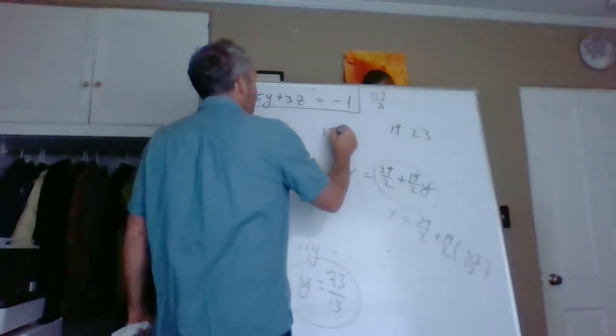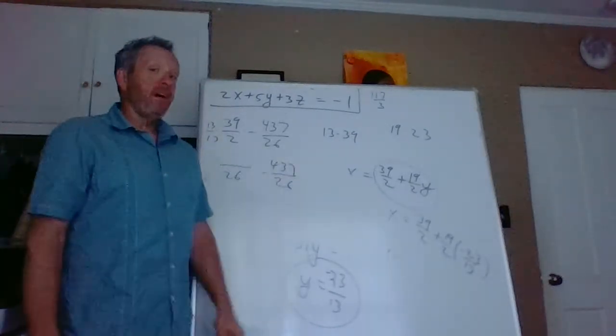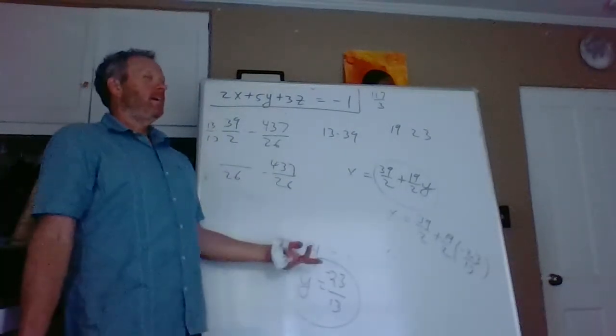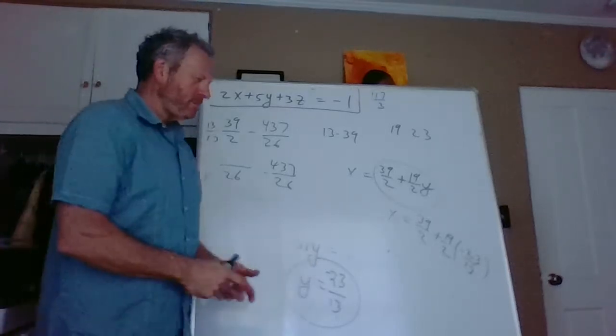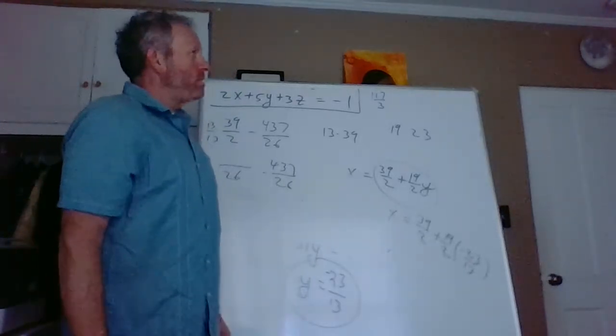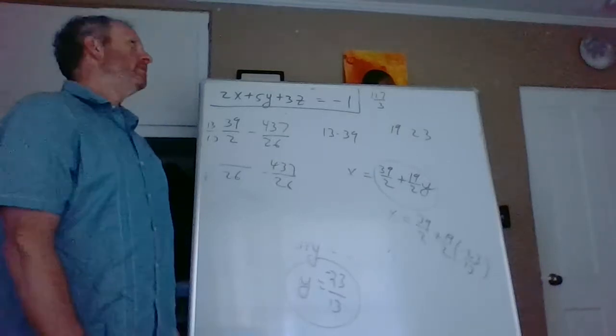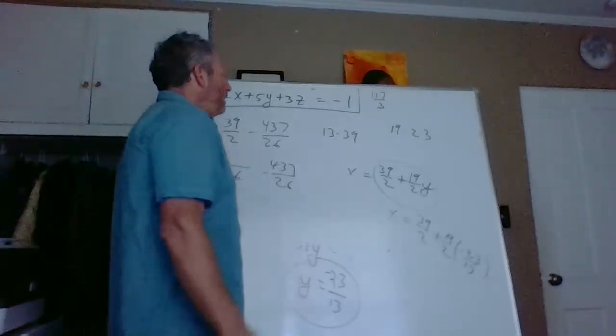13 times 39. Again, I would say this is a perfectly fine time to use a calculator. Again, if it's me, I'll just show you a little behind the scenes. Since I'm talking right now, it's not really super easy to talk and do these calculations and think about the fact that I'm composing a video all at the same time.